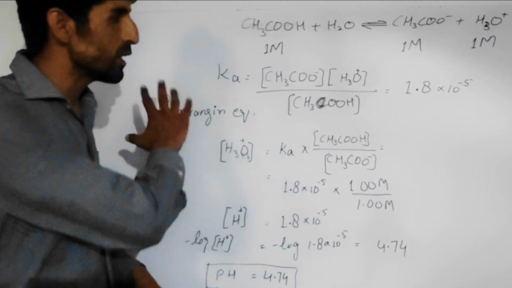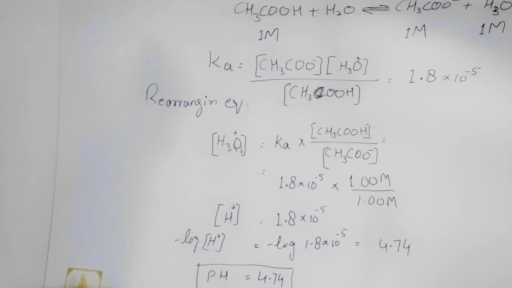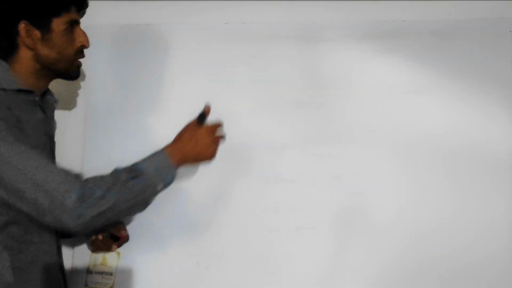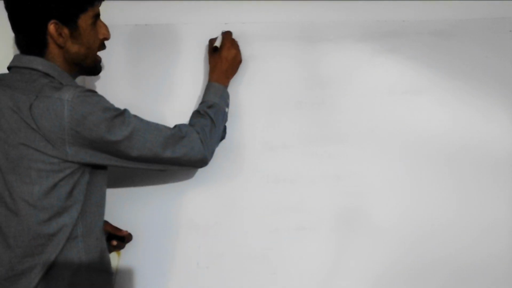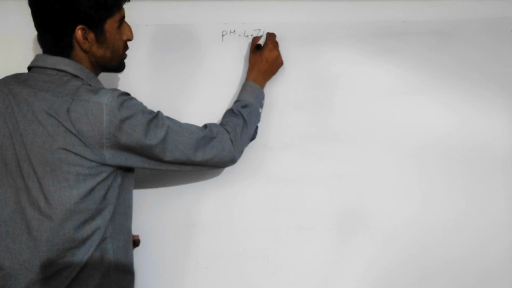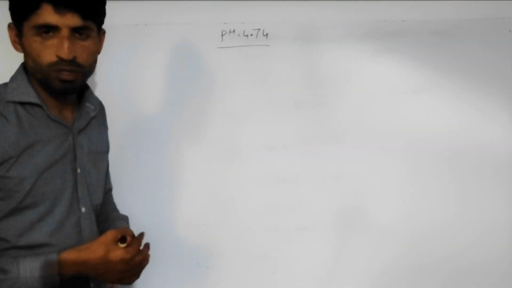Let me clear the board and then we will write something more. As we discussed, the pH of the solution becomes 4.74, and this is the pH of our standard buffer solution.